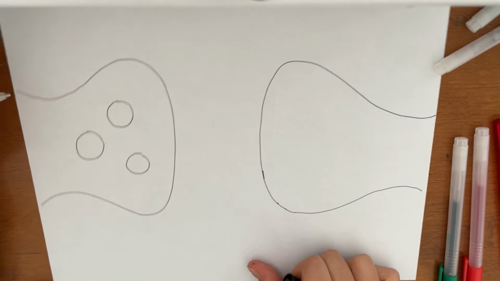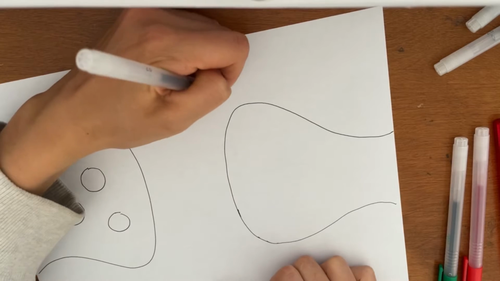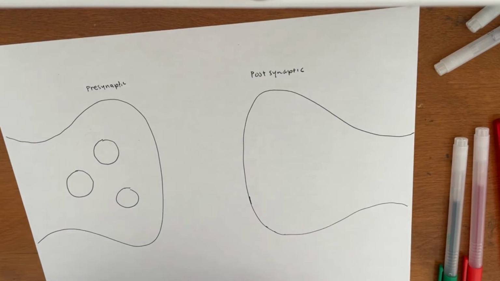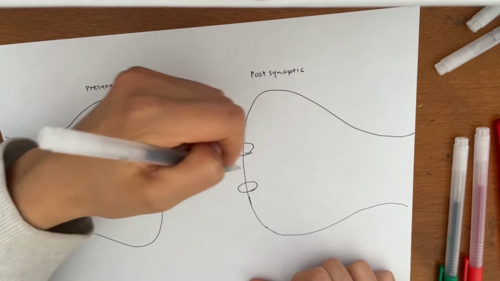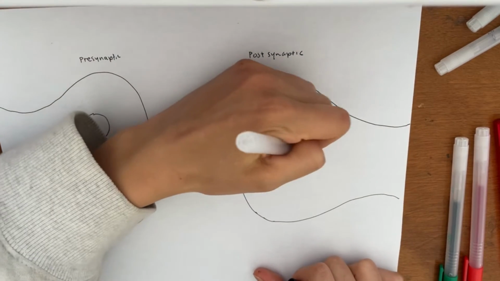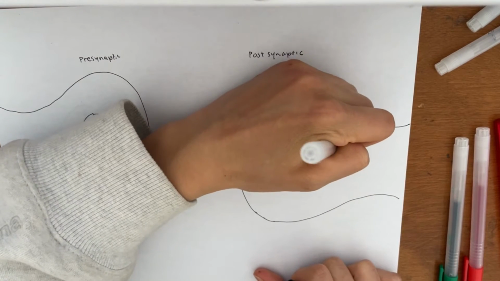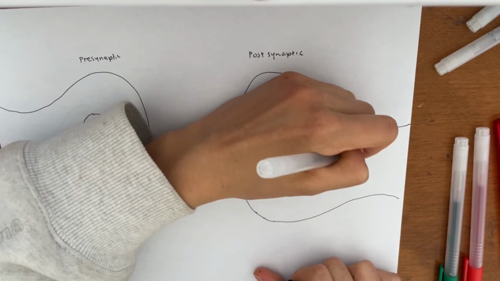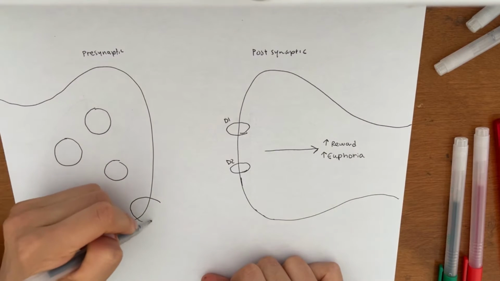So here we have our vesicles, here we have our presynaptic neuron, here we have our postsynaptic neuron, and we also have our dopamine receptors, D1 and D2, that will, when bound to, increase the reward pathway, the euphoric pathway, or increase euphoria, I should say, is a better term to use. And we've got our dopamine transporters.